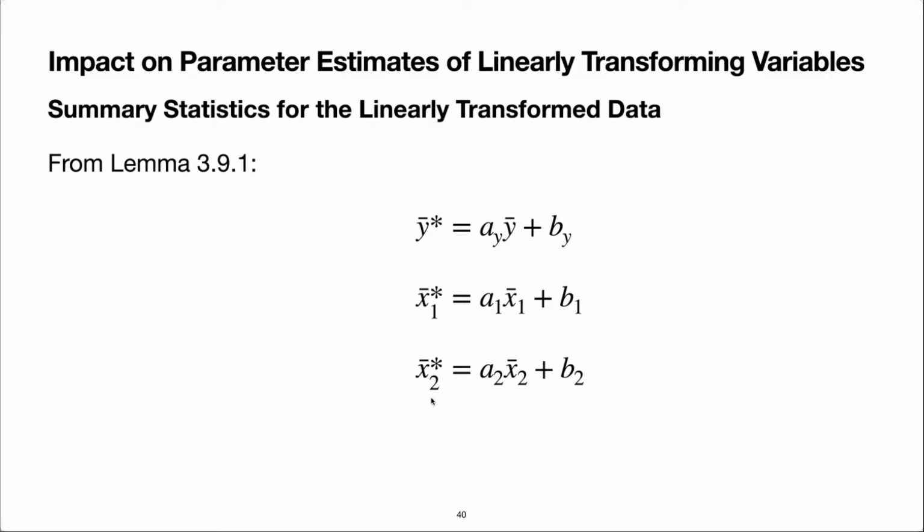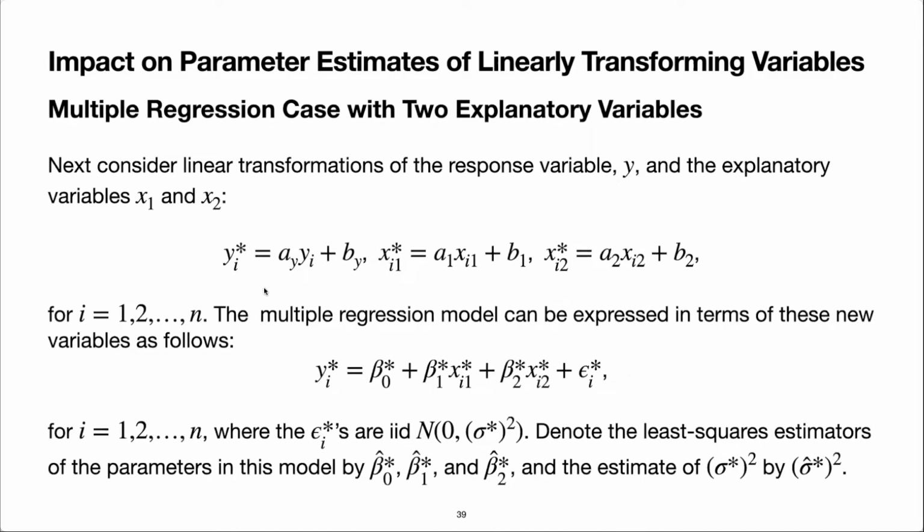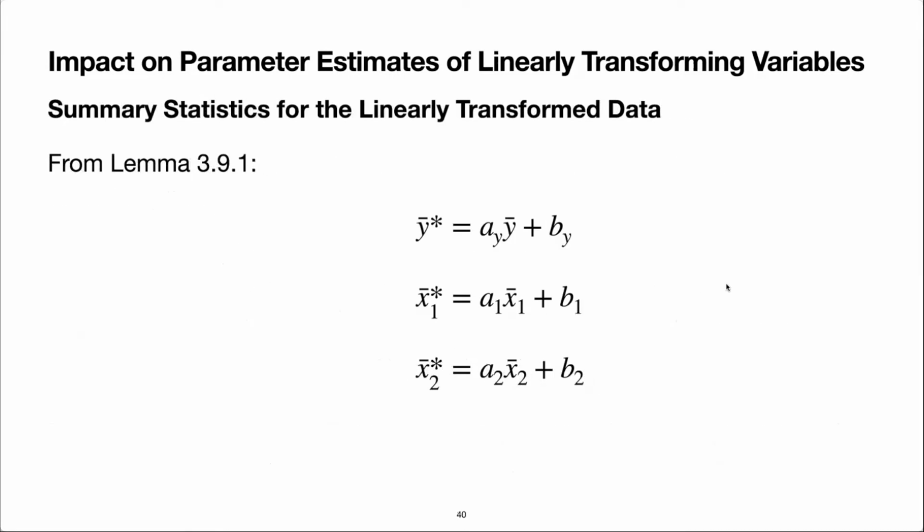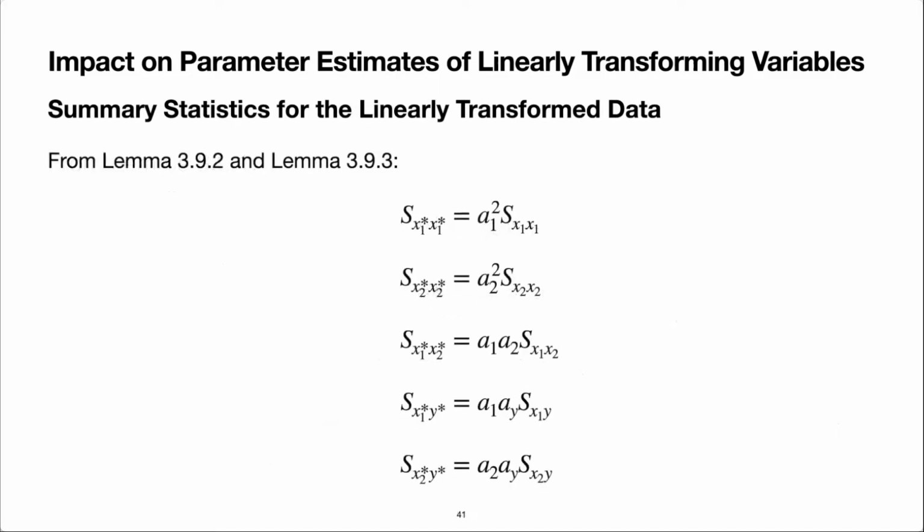And then the mean of the transformed version, x2 star bar, is related to the mean of the untransformed x2 variable using this linear relationship. And notice that these linear relationships are the same as those for the variables themselves. That is perfectly clear based on what we saw in lemma 3.9.1.